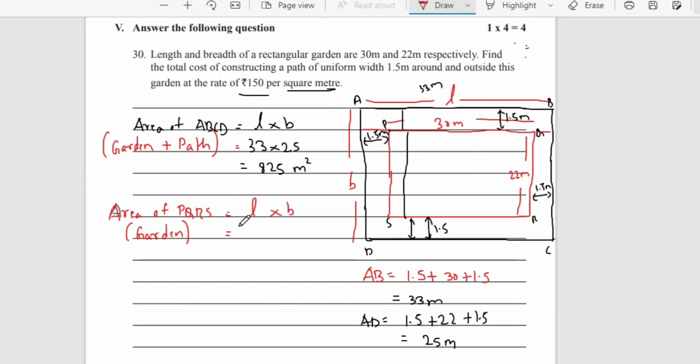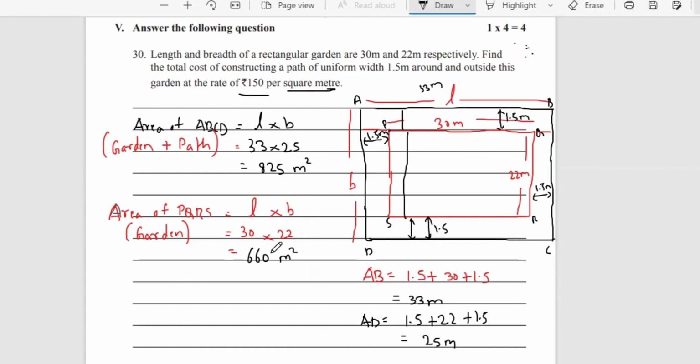The length is already mentioned in the question, that is 30, and the breadth they mentioned as 22. So very simple calculation, 30 into 22 will get the value as 660 meters square.